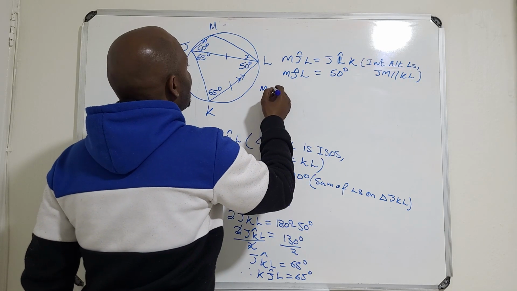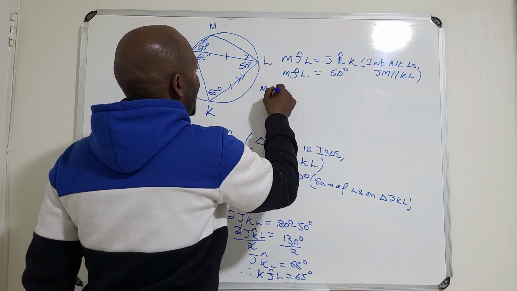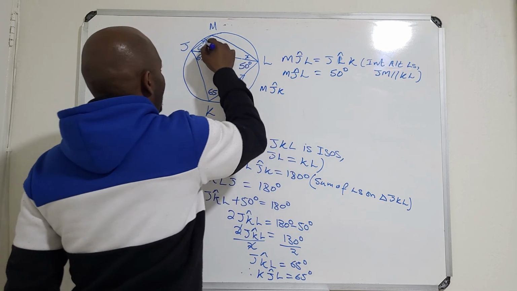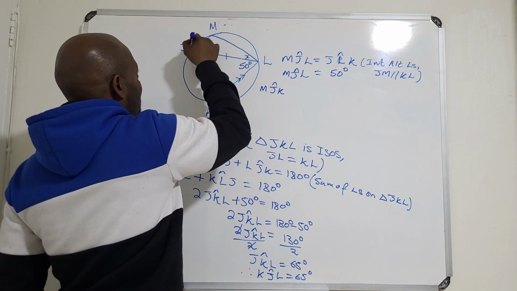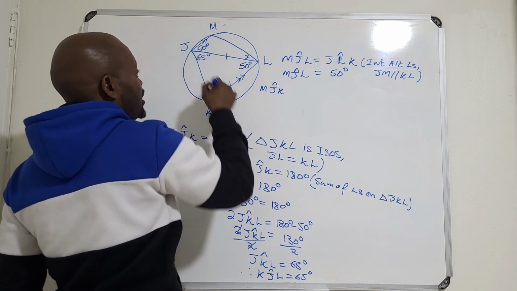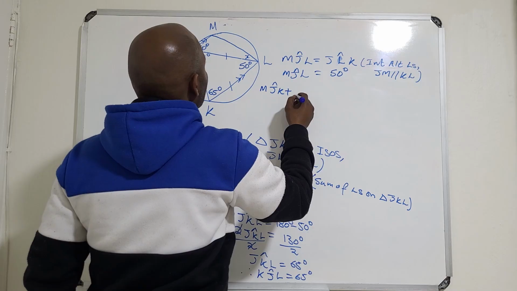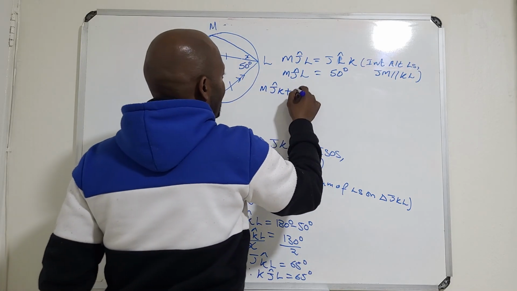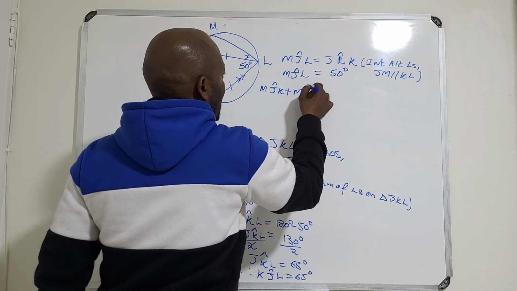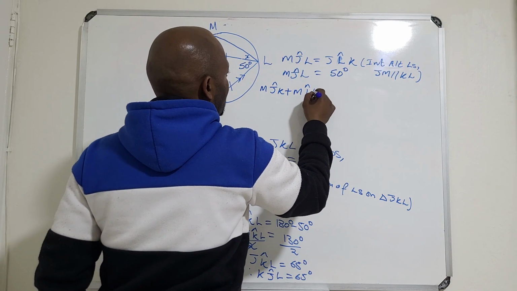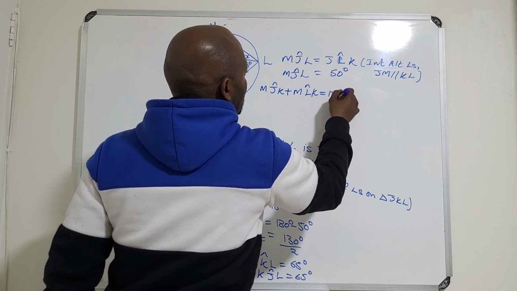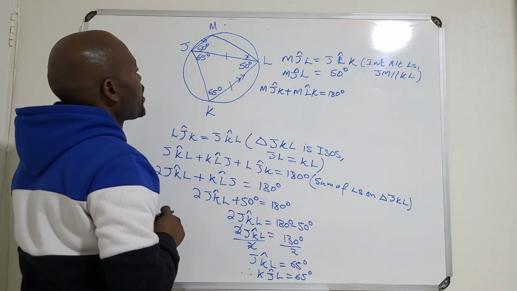Angle MJK, this angle, plus angle MLK is equal to 180 degrees.